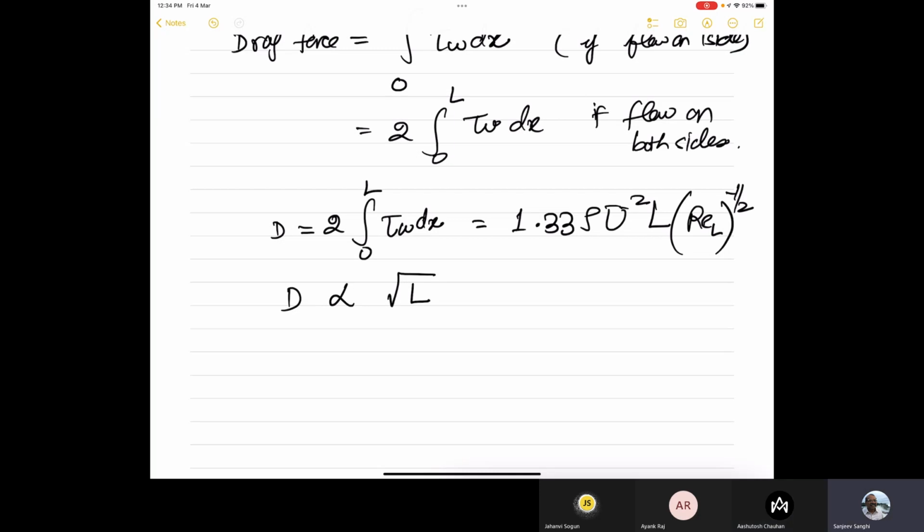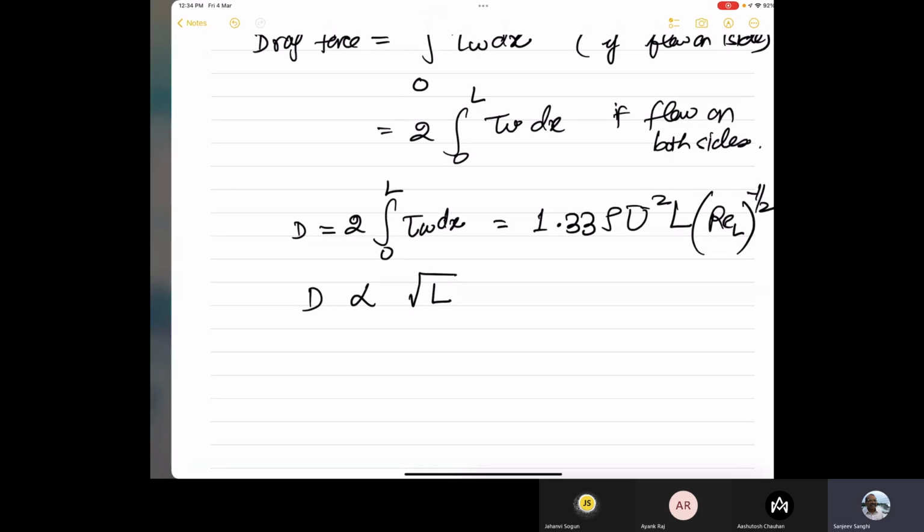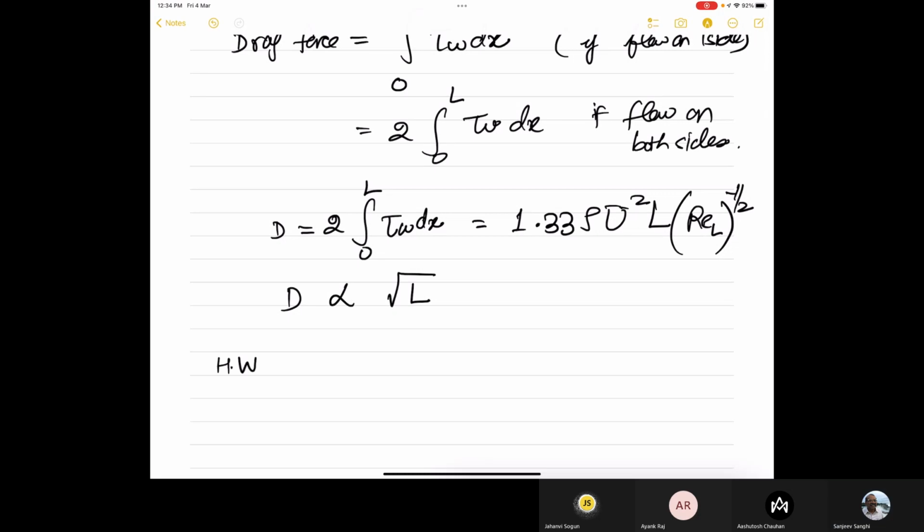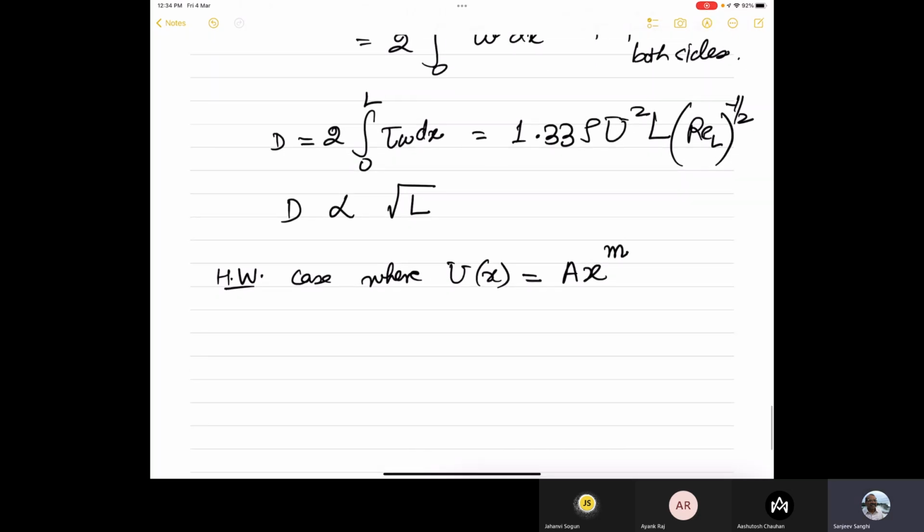Now, for the homework, you have to look at the case where capital Ux is equal to a times x to the power of m. So the flat plate is the case when m is equal to 0.